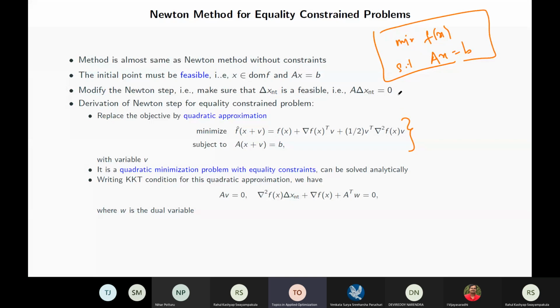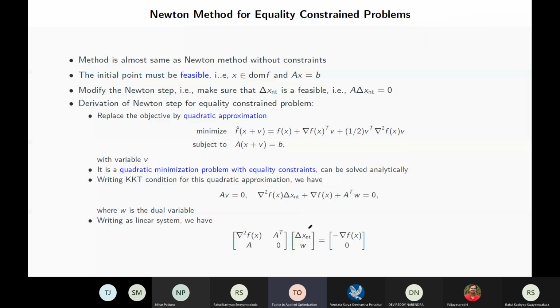Now we are saying that the Newton method does a quadratic approximation of the function and also satisfies the equality constraint. If you do that and apply the KKT conditions, then you get this, and if you write this in a linear system, this is what you get.